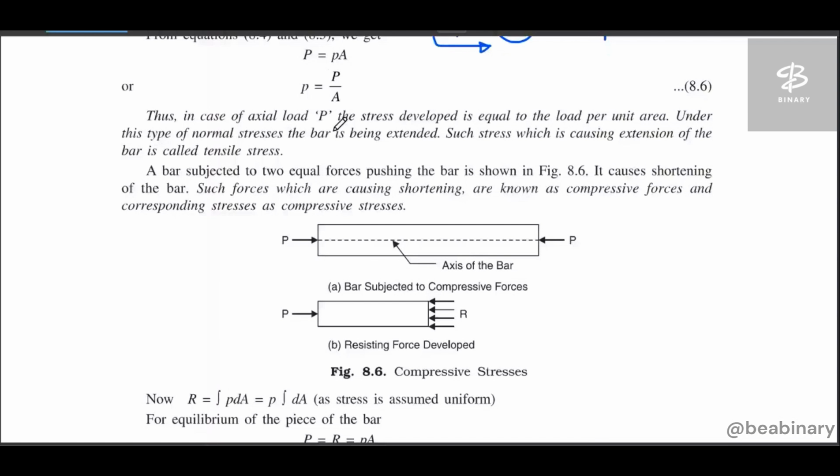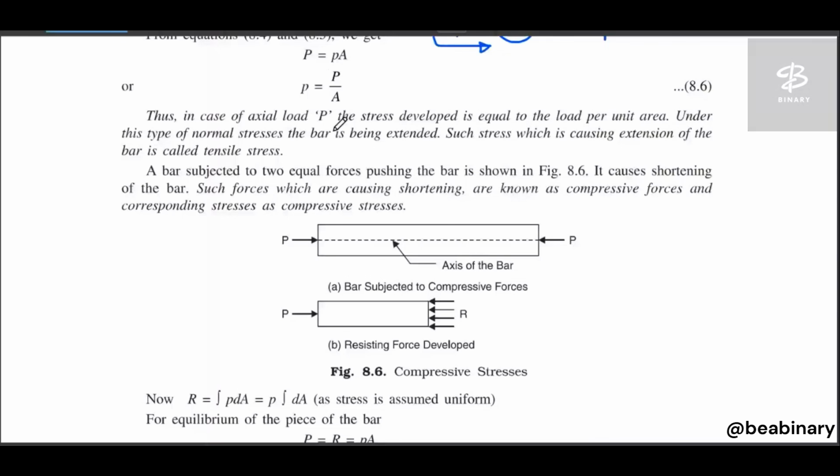If it is true stress, then it is upon instantaneous area. So here it should be mentioned as load upon original area regarding the stress. So you should write engineering stress or conventional stress or simple stress as load upon original cross-sectional area. Okay, this is the definition of stress.